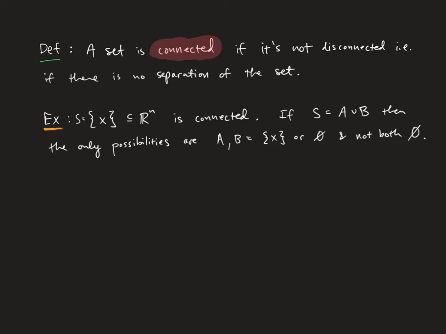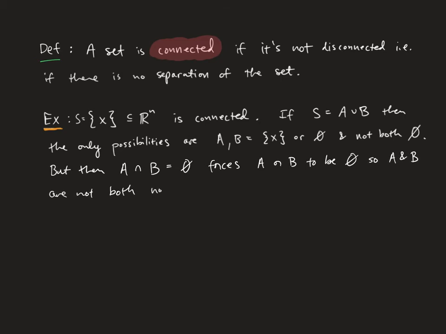So A intersect B equal to the empty set forces A or B to be the empty set. So A and B are not both non-empty. Okay, so a one-point set is always connected.